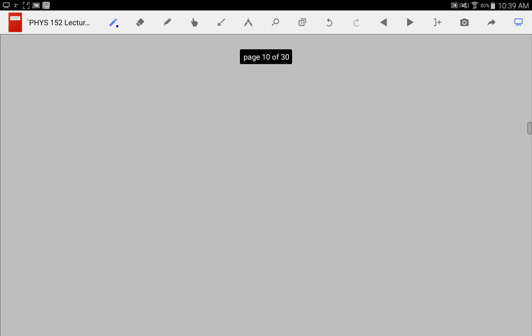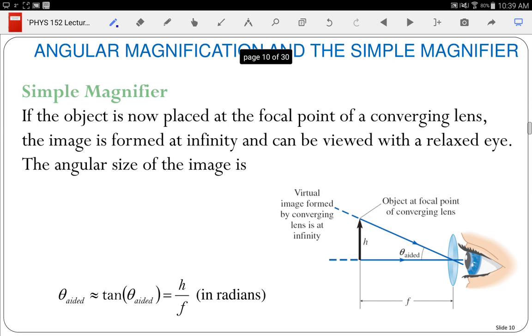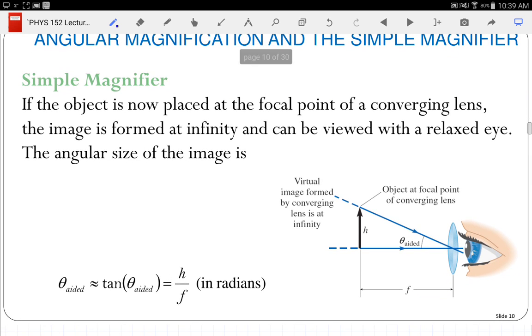Now I'm going to use a simple magnifier, and that simple magnifier allows me to bring it closer. And we're going to do this calculation two different ways. Way number one for unaccommodated vision. I hope I have the right number of C's and M's.